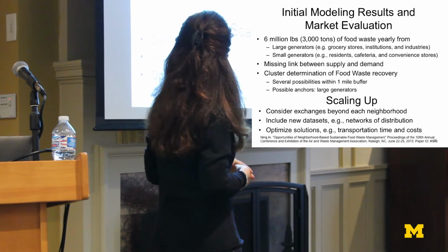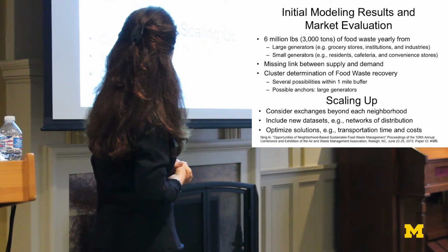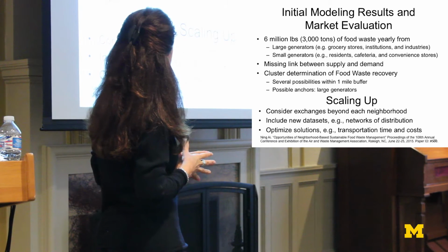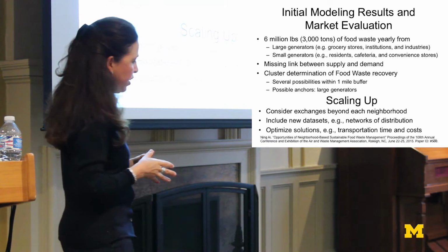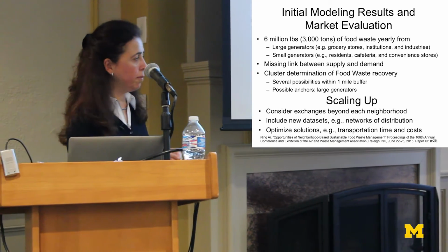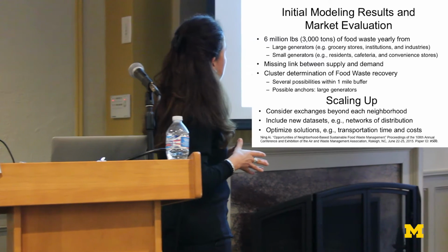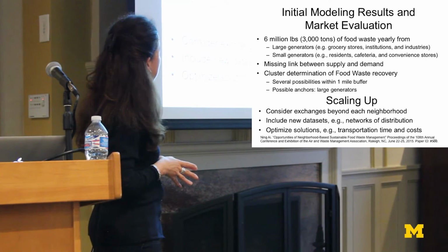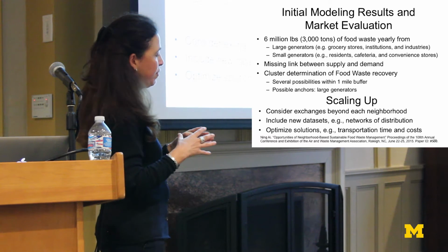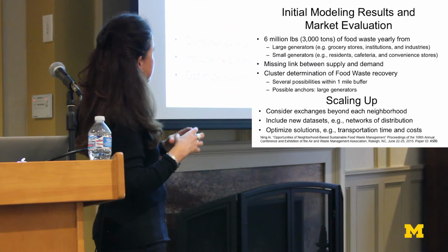She looked at the quantity of generated food waste. She suspected there is a missing link between supply and demand, and she tried to evaluate what the best cluster is.